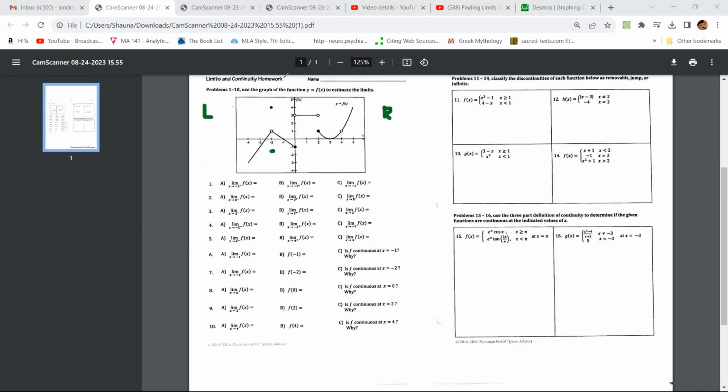So that'll be 1. Yes, good job. How about the right? So coming from the right, that'll be 1. It's also 1.